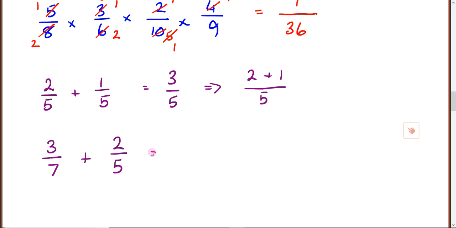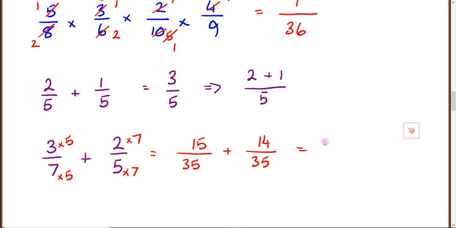So I'm going to change this into 35, okay? And on the top, so this one gets multiplied by 5, therefore this multiplied by 5, so we get 15. This has to be multiplied by 7, therefore this 7, 14. So my answer is 29 divided by 35. Okay.